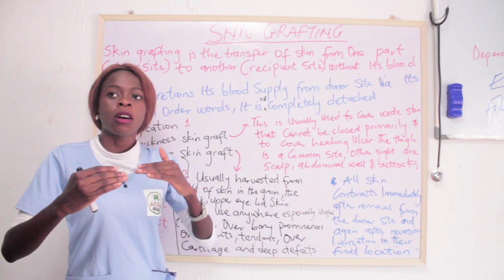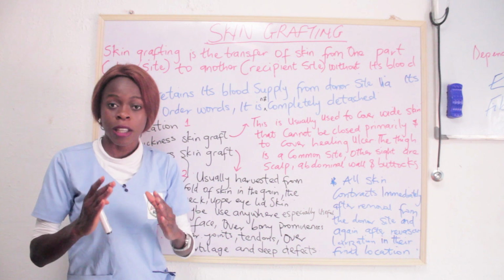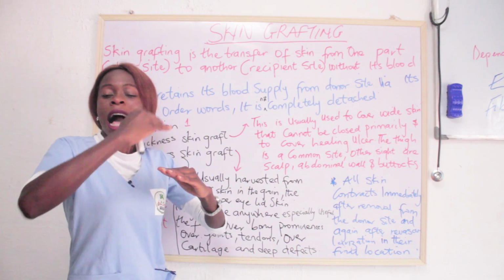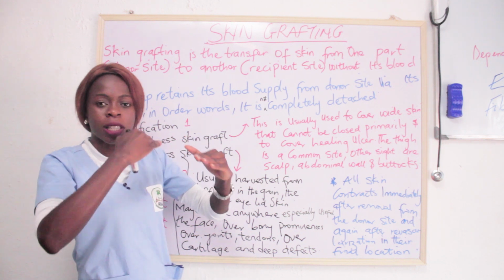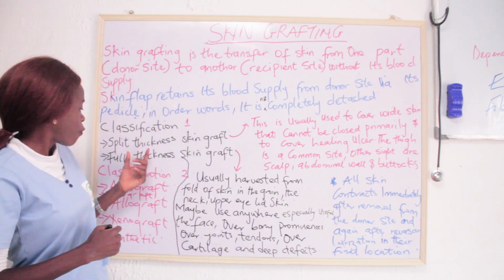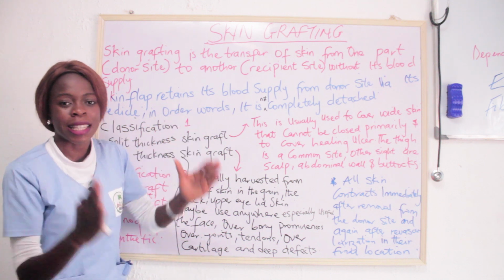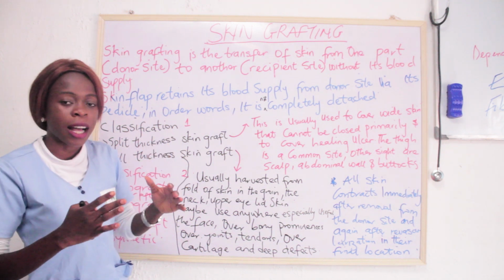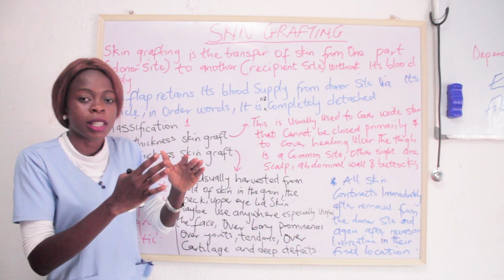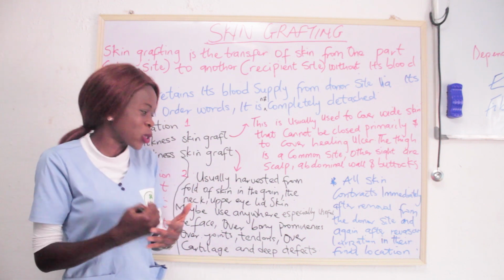You remember in the diagram of the skin, or the anatomy and physiology of the skin, the epidermis is the outer layer of the skin, while the dermis is the inner layer of the skin. In this full thickness skin graft, both the epidermis and the dermis are taken. But in the split thickness or partial, just the epidermis is taken. A small dermis might follow suit.